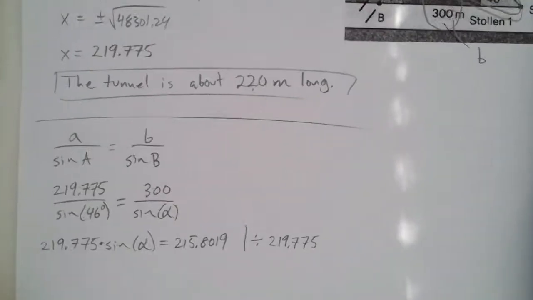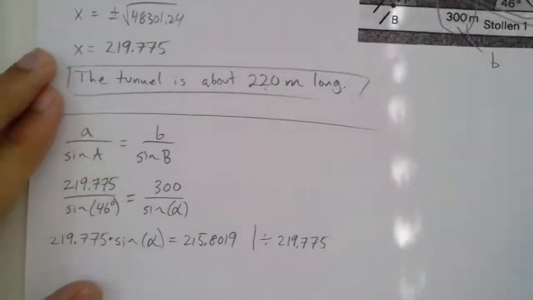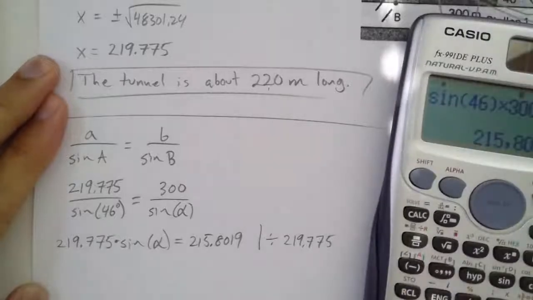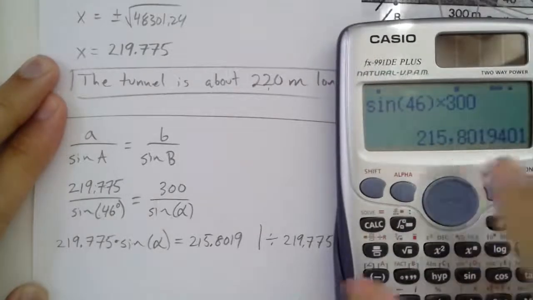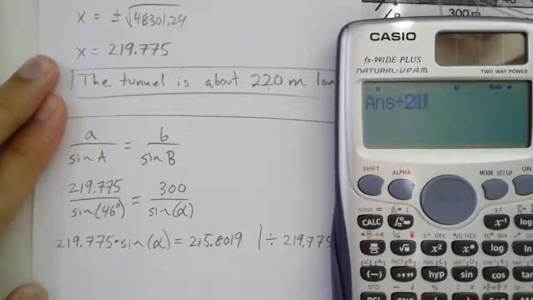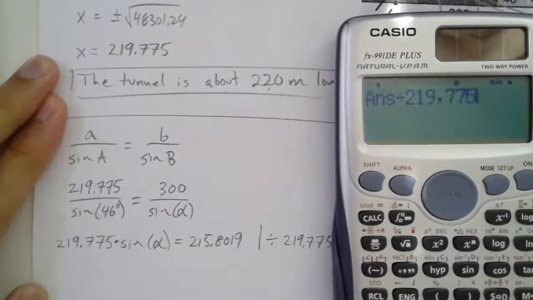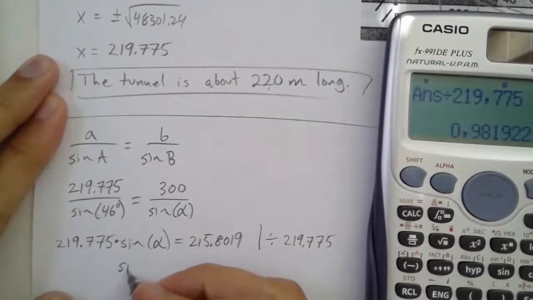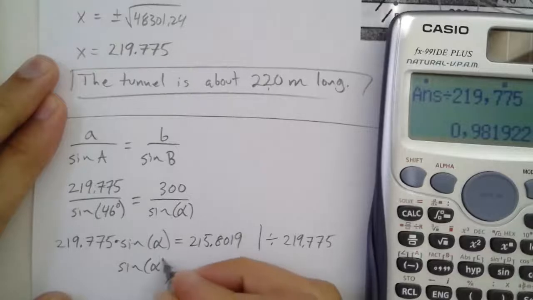Divide that by 219.775. Boom. Okay, so I get sine of alpha is equal to 0.9819. And since alpha is stuck, I have to take the inverse.